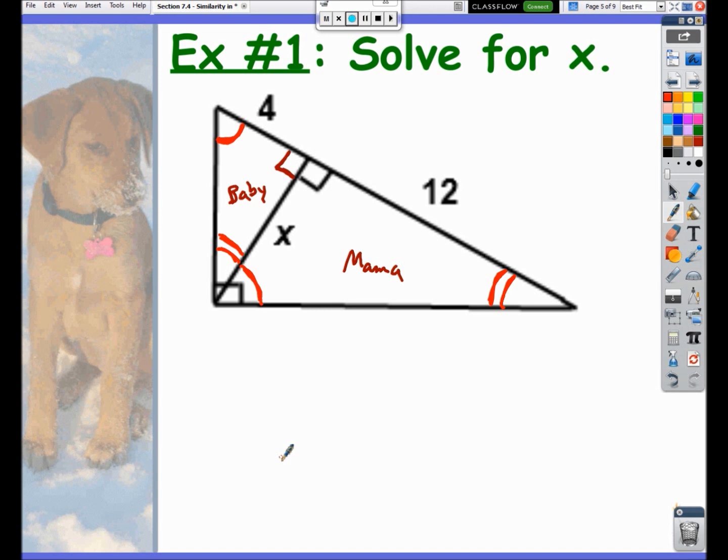To set up a proportion, we need to work with 2 triangles. But we have 3 triangles in these problems, right? Baby, mama, and papa. So the main thing that I focus on is I look for 2 triangles that really have 2 pieces of information in them, whether they be actual numbers like the 4 and the 12 here, or maybe just something that's not known yet, like the x in this problem.